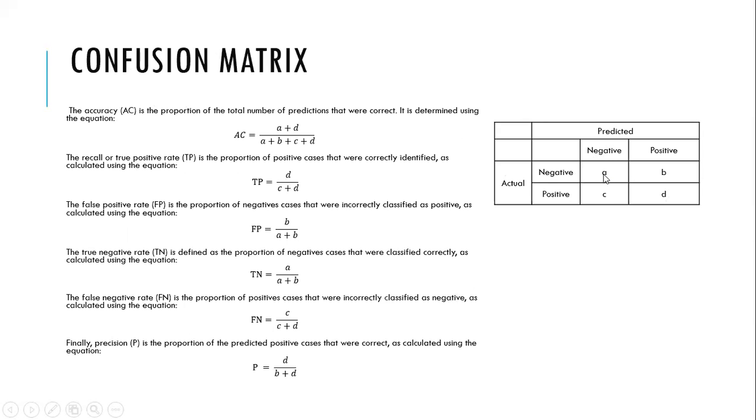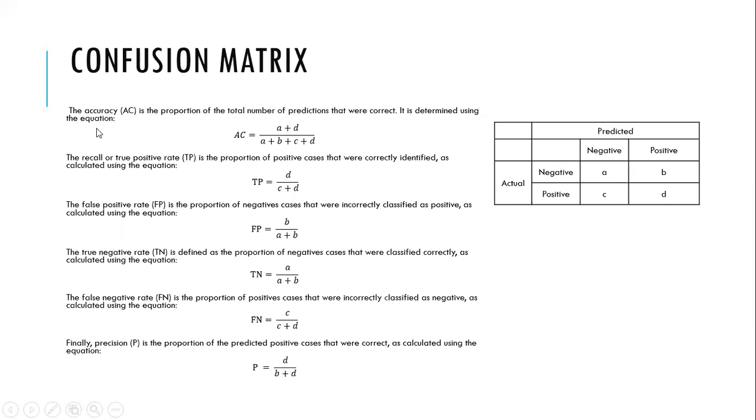So that means it's correct. And this is positive and the model is predicting it positive. So that means the accuracy would be A plus D divided by the entire number of predictions that we have. Those are the type of information we can derive from the confusion matrix.